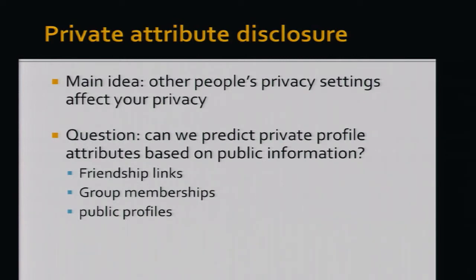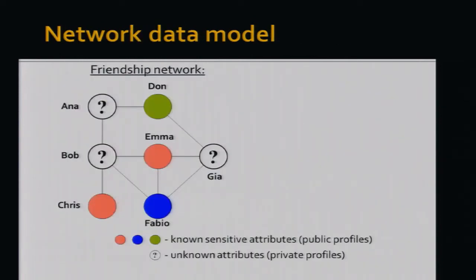And the question that we looked at for 4 different online social networks is, how friendship links and group memberships and public profiles, they're turning the lights off, can be used. And this is a place, as a statistician, machine learning person, I would go into like half an hour here on how exactly you do this.